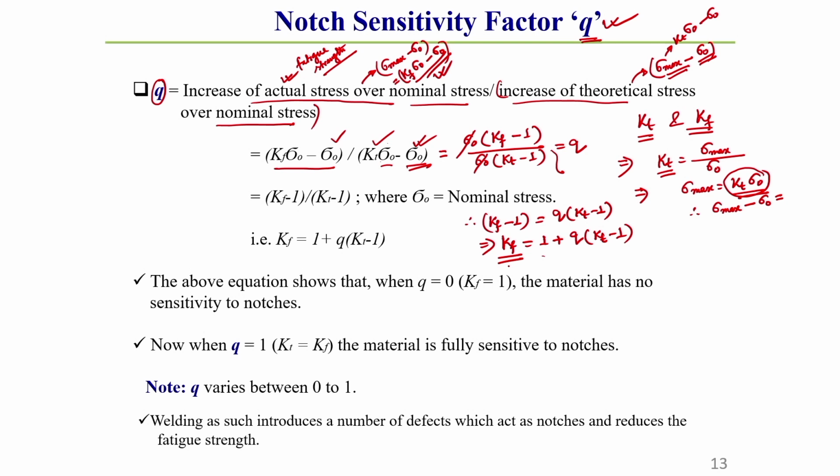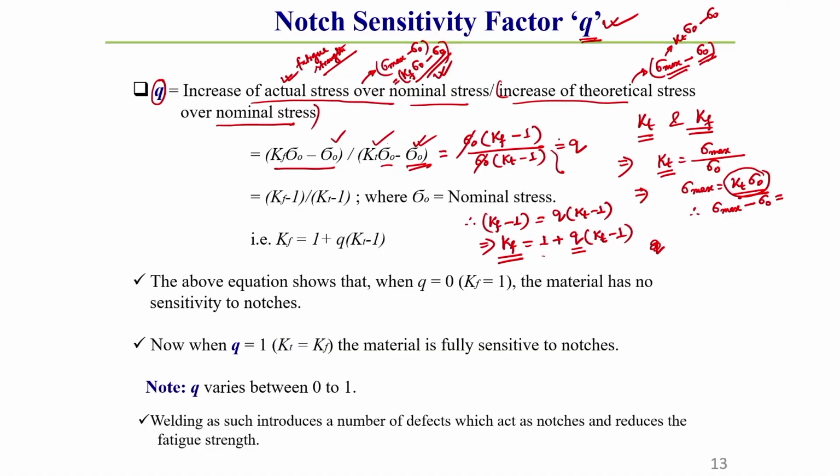To be at an optimum size, you need to consider this Kf effect, the actual effect. If you use this Kf in your endurance strength calculation, then your endurance strength value will be more accurate. This you should keep in mind. From this equation itself you can see.